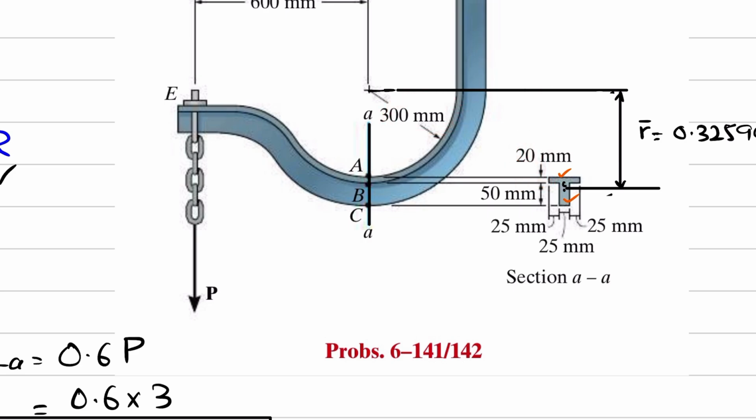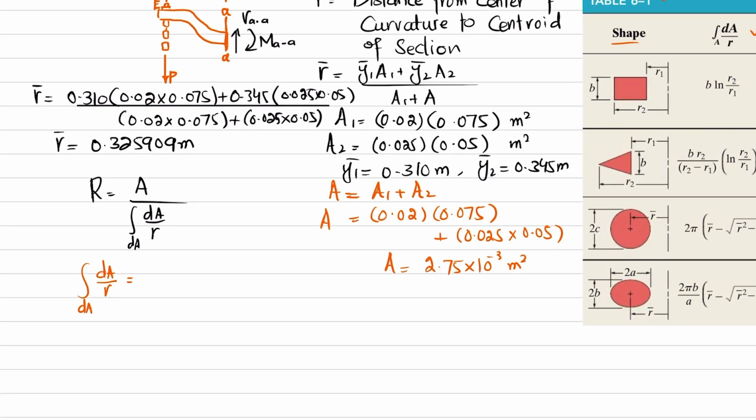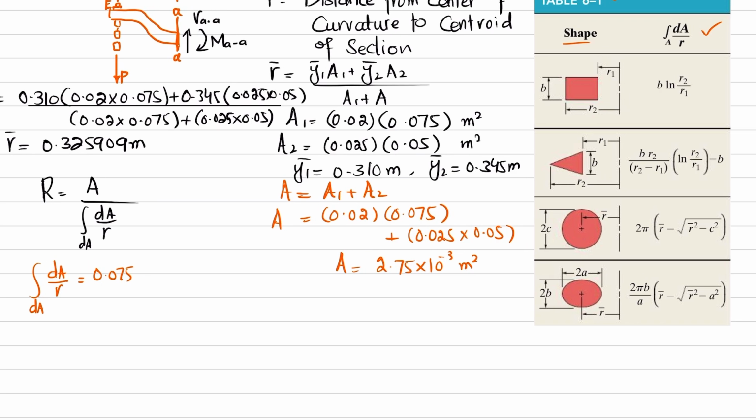Breadth is 75, which is 0.075. And the formula here is B into ln of R2 over R1. So B is 0.075, ln of R2, which was 0.32, divided by R1, which was 0.3.